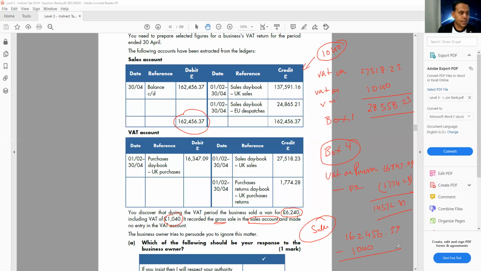And how much is it? 161,416. Very well done, Omid. Very well done, Fedora. Very well done, Lindsay. So now we can go back and write the answers on the question. Good, Sharon. So let's move on.